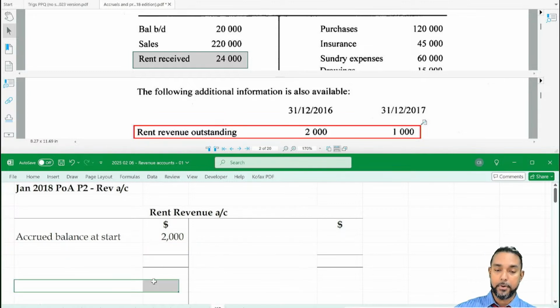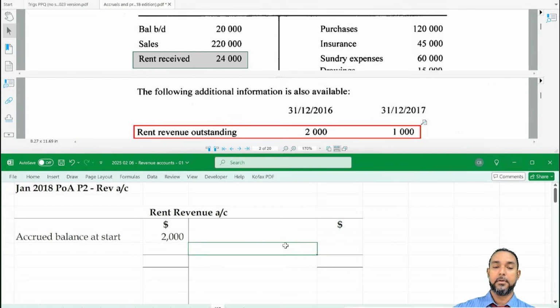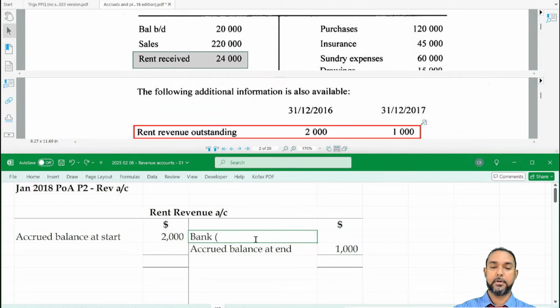So that's going to be brought down here. But before it can be brought down here, it has to be carried down from the opposite side, right? So accrued balance at end. Okay, cool. The rent received, the cash book figure, goes here. So cash book or just bank, rent received.